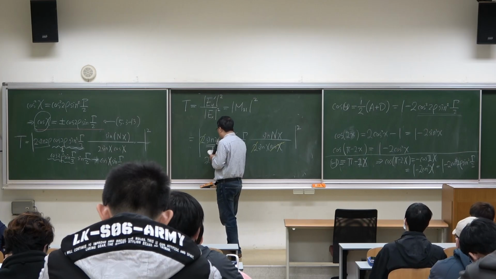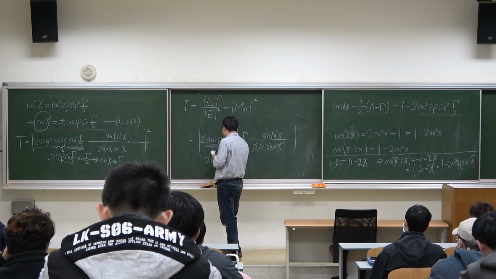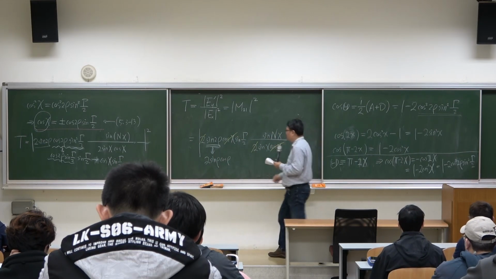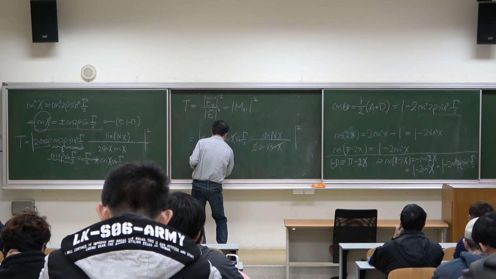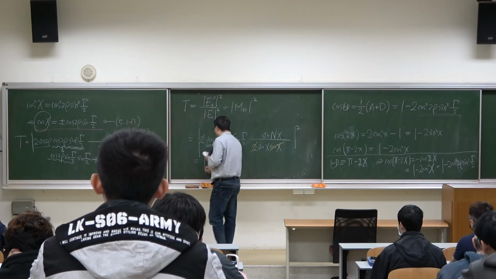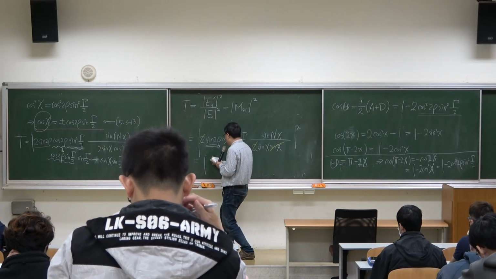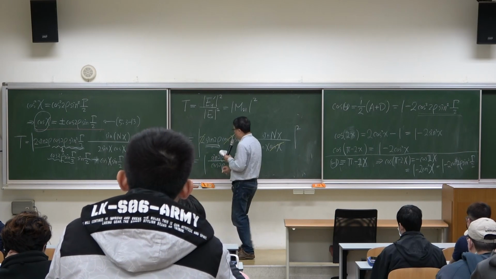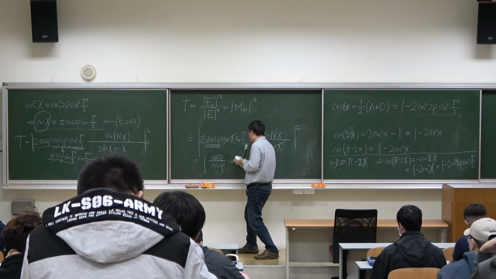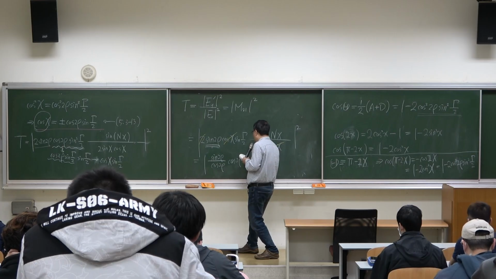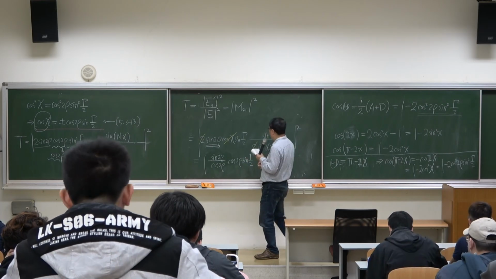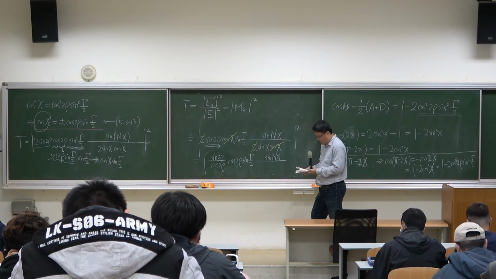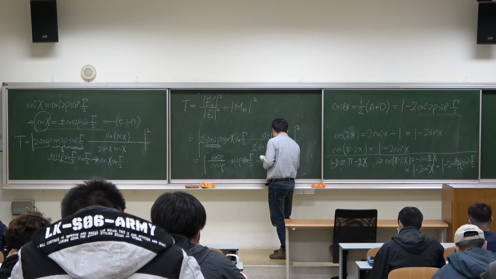Here sine 2 rho can be written as sine 2 rho over cosine 2 rho times cosine 2 rho sine half gamma, times sine n chi over sine chi.